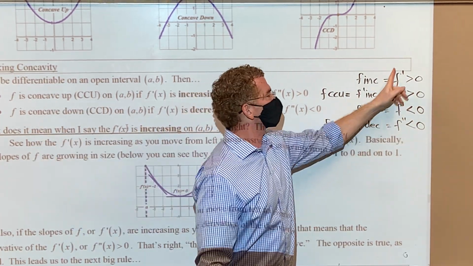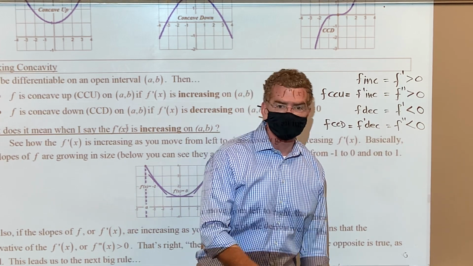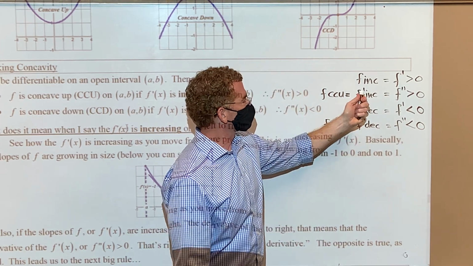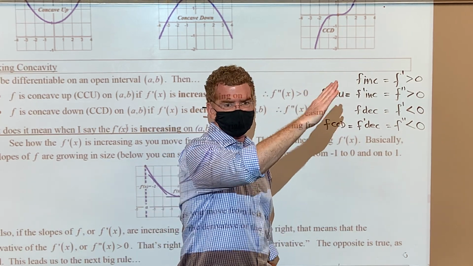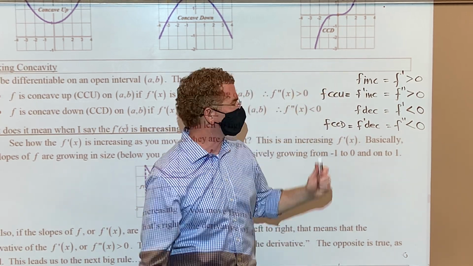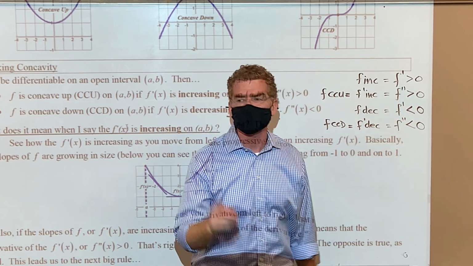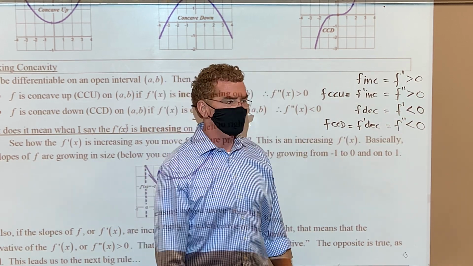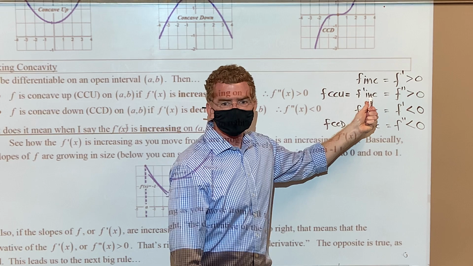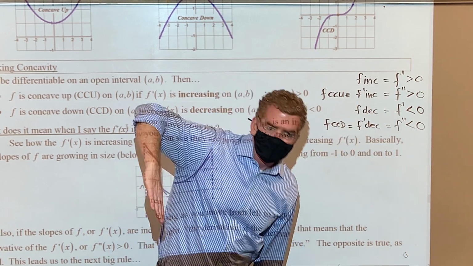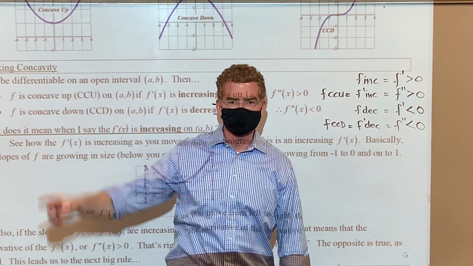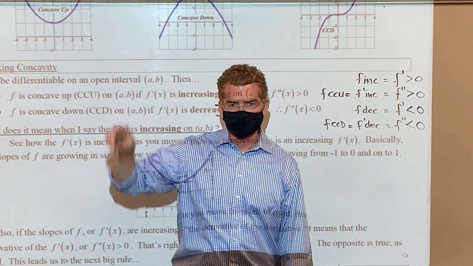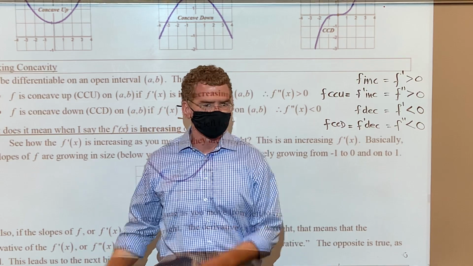If I tell you f prime is positive, that means the function has increasing values. F is increasing. If I tell you f double prime is positive, what does that mean? It means either the slope is increasing or the function is concave up. It's a link of all these.